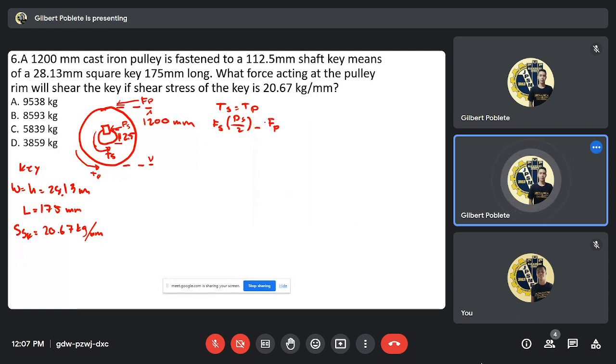Force ng pulley times the diameter ng pulley over 2. So, pwede natin i-cancel out na to. So, Fs ds equals to Fp dp.